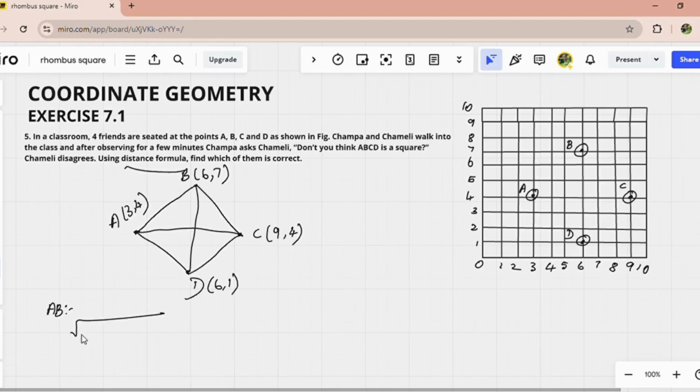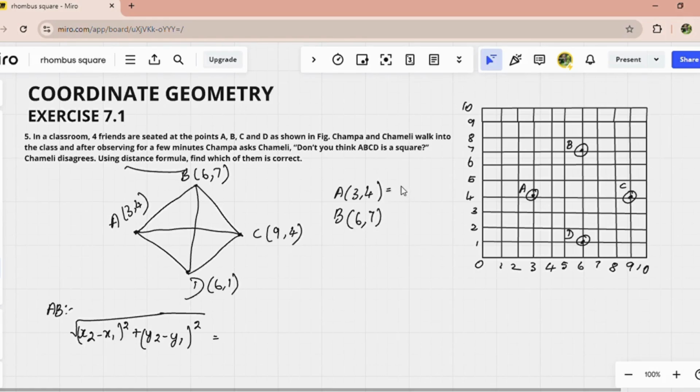Using distance formula, root of x2 minus x1 square plus y2 minus y1 square. A is 3, 4 and B is 6, 7.